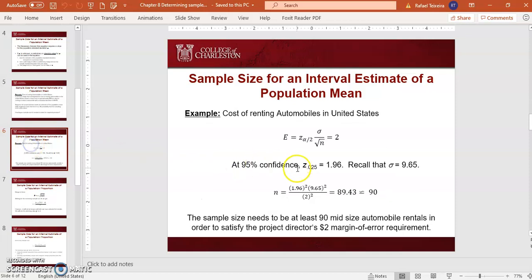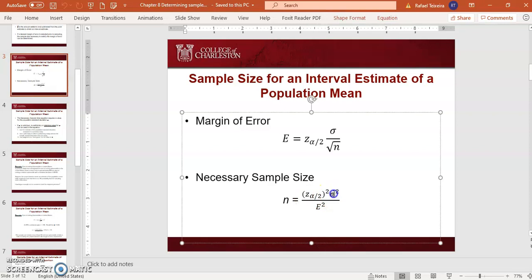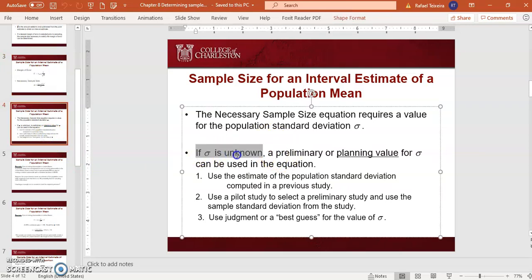So you see that to compute the sample size needed, let me go back to the formula here, I need the population standard deviation. Sometimes I don't have the population standard deviation. So here are some guidelines for when you don't know it. If you don't know the population standard deviation, you use a preliminary or planning value for that. How do we do that?